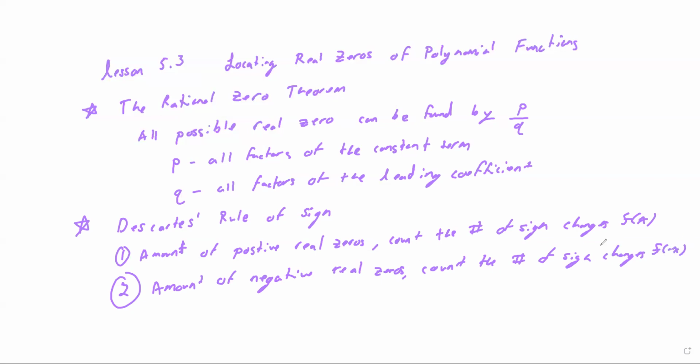So if I plug a negative x into the function, simplify it down, and then count those sign changes, that will tell me how many negative real zeros I'll have. Again, they don't really ask this question in y'all's homework, so we'll leave it at that until it comes back up.